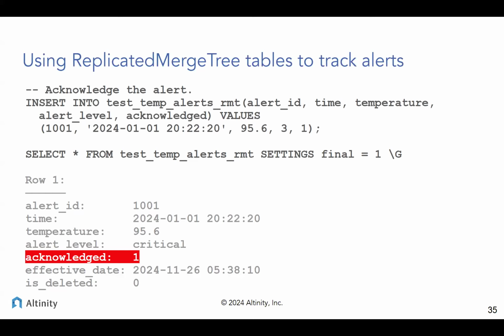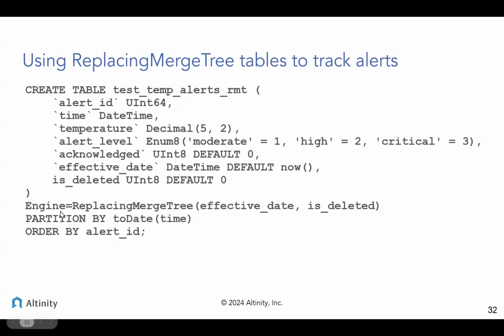By choosing this key right here, this ORDER BY, you want to choose it in such a way that you're assured it always lands in the same partition. As it happens, because this time doesn't get changed, we just keep sending back the alert time. They should always land in the same partition, and they will resolve quickly. But if you don't do that, it could be very slow. So anyway, that's a great question and one that comes up commonly.